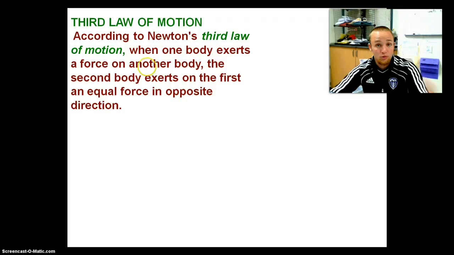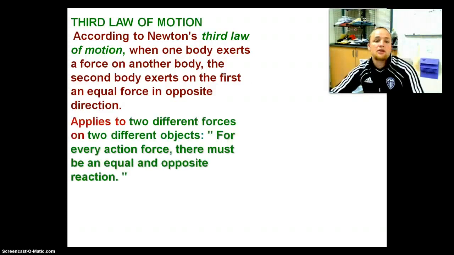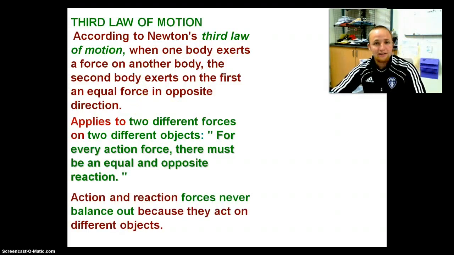What that means is for every force that acts on an object, that object has a reaction force. So in this case, we're talking about two different objects. For every force, there's got to be an equal and opposite reaction force. They never balance each other out because they're acting on different objects.